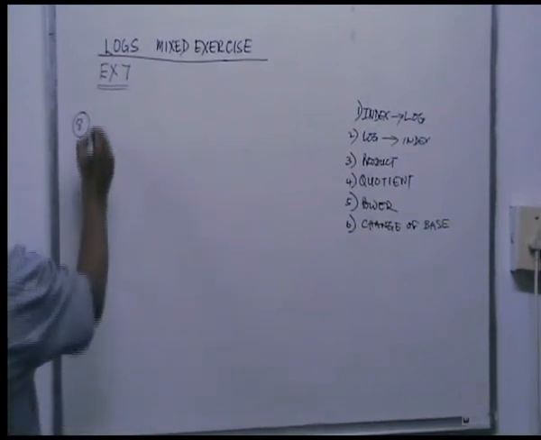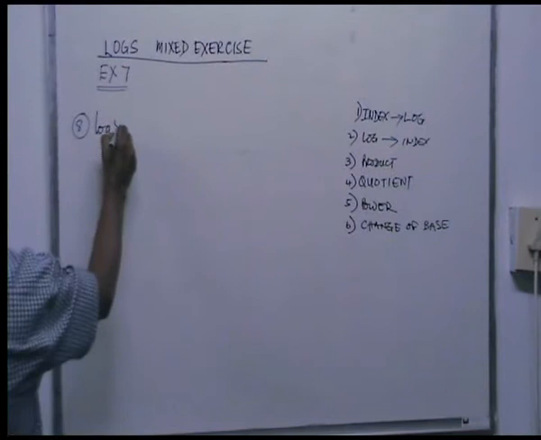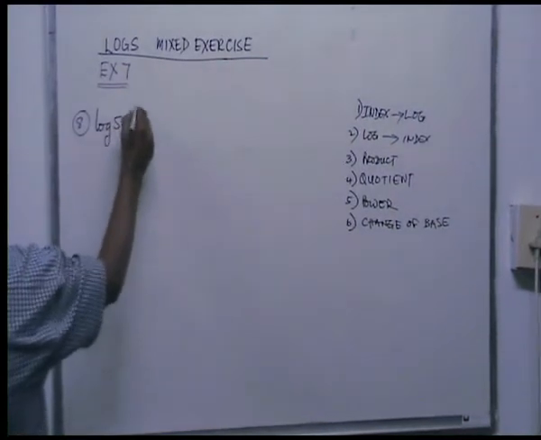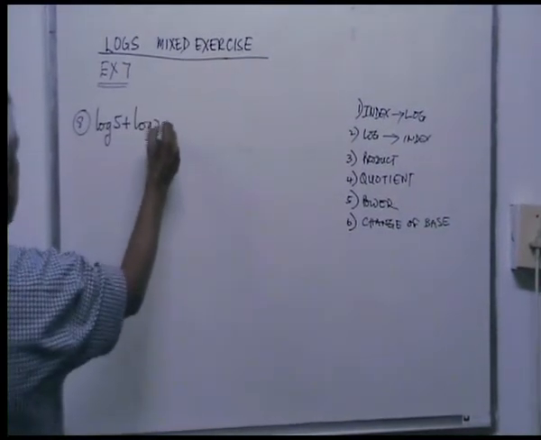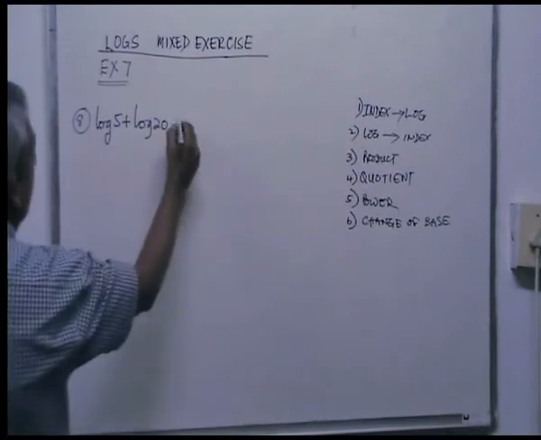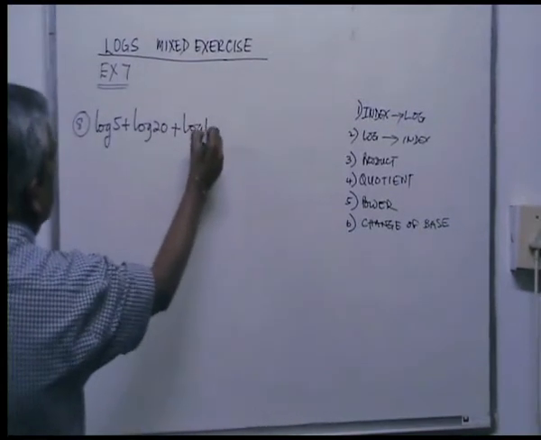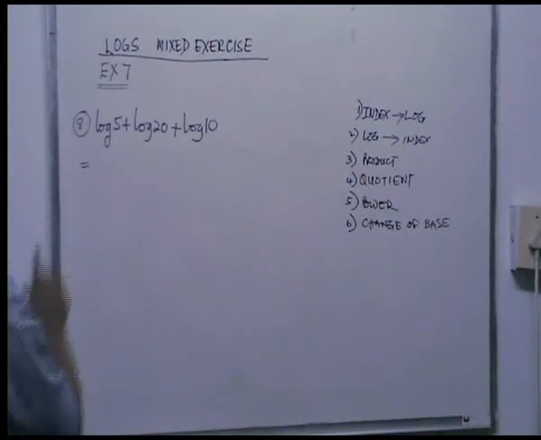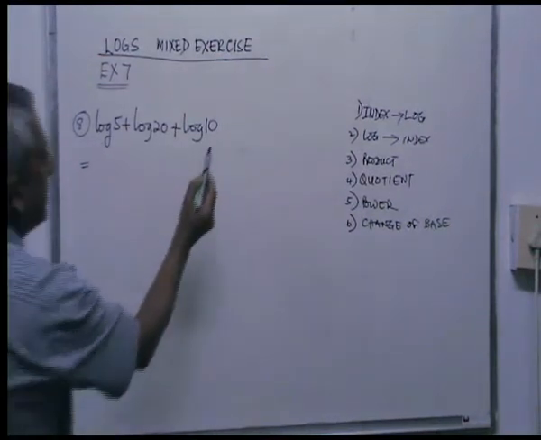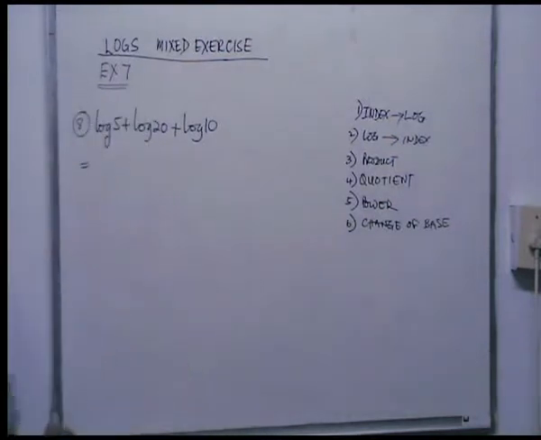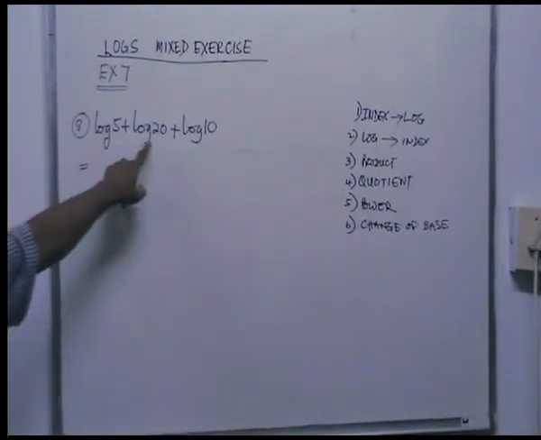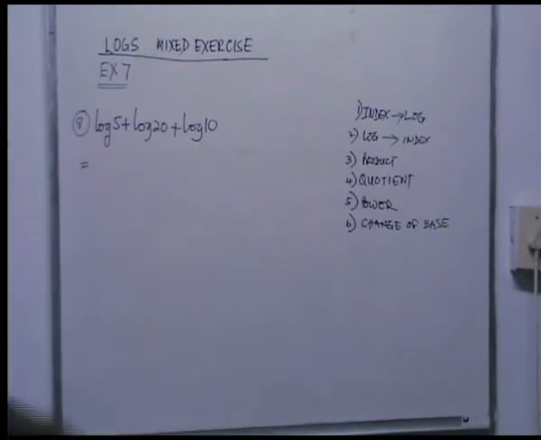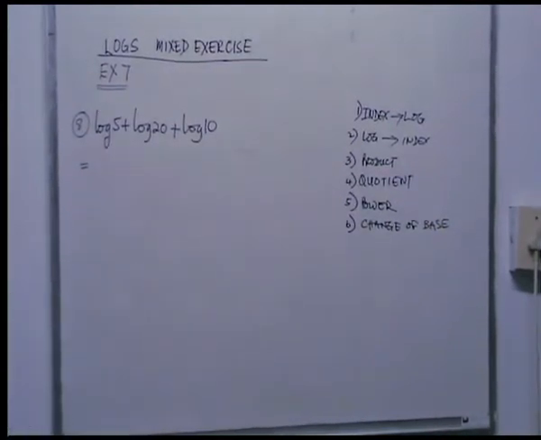Right, now we have number 8, log of 5 plus log of 20 plus log of 10. Well, this is number 3, because the product law applies because all the bases are the same. Now you can't see the bases. The bases are understood to be 10.